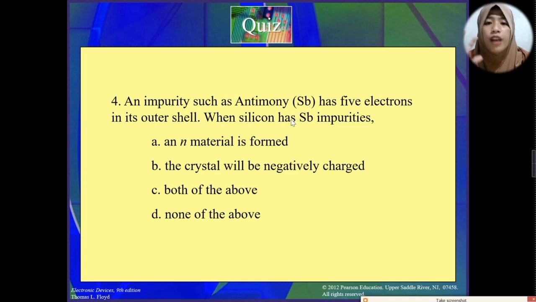Antimony has 5 electrons, of which 4 are bonded to silicon, while one electron is left over, which we call the extra electron. That's why we form an N material. So, the answer here is letter A.